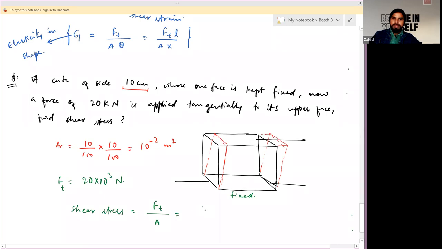Tangential force is 20 into 10 to the power 3 divided by area 10 to the power minus 2. So if we move this term to the numerator, it will become 10 to the power plus 5. And if you move this 0, you'll write it as 2 into 10 to the power 6 Newton per meter square.